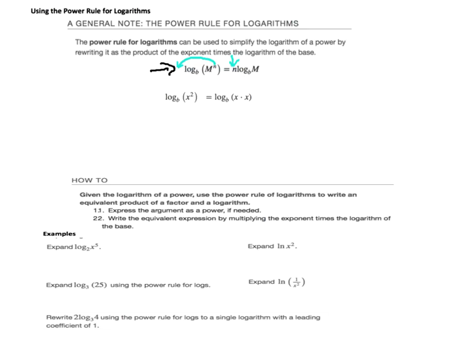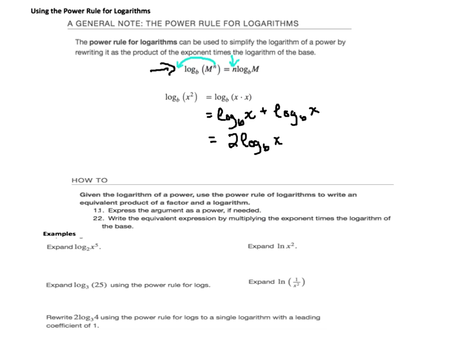Okay, so let's take a look at this example here to see how that actually works. Log base b of x squared is the same thing as log base b of x times log base b of x. Well, we just learned from our product rule that's the same thing as log base b of x plus log base b of x, which says I have 2 log base b of x's.